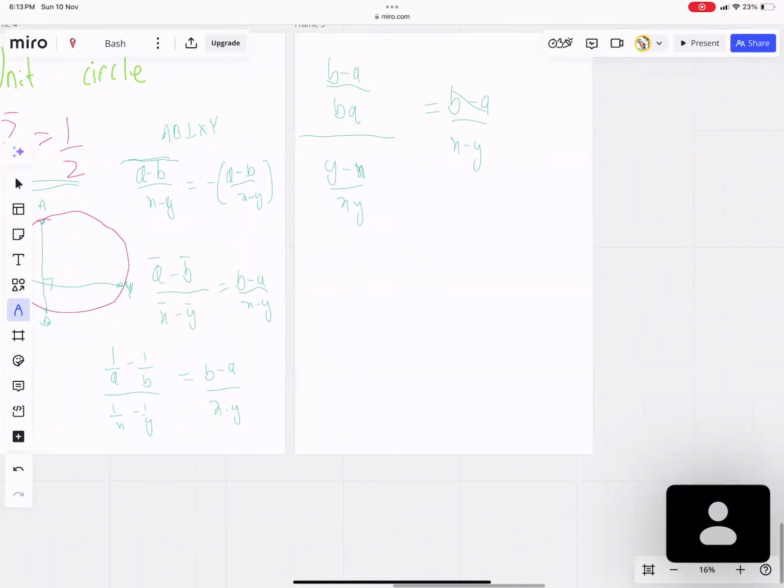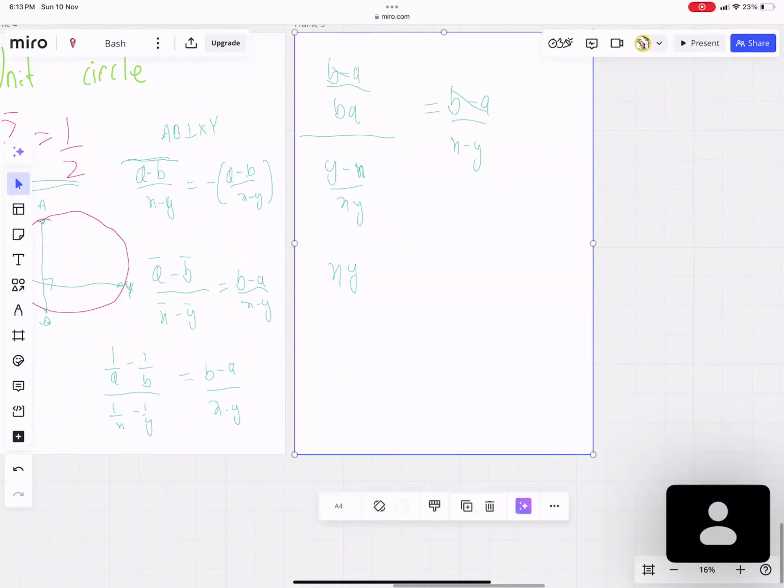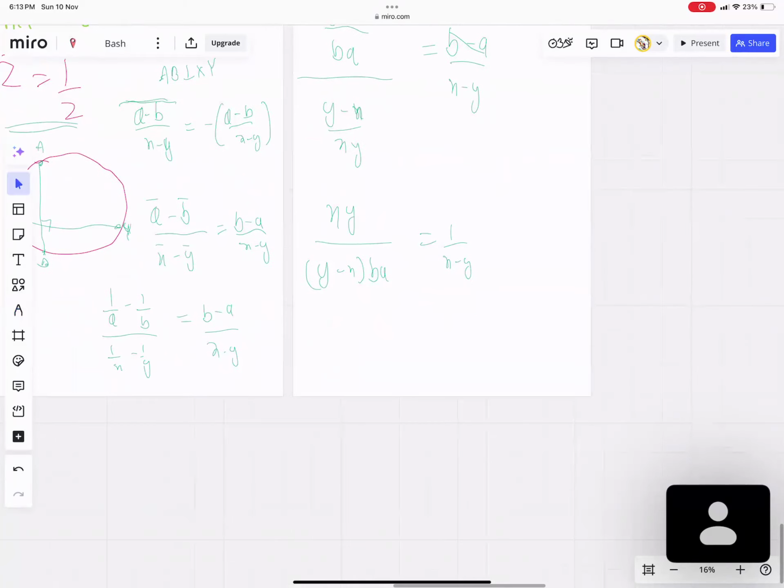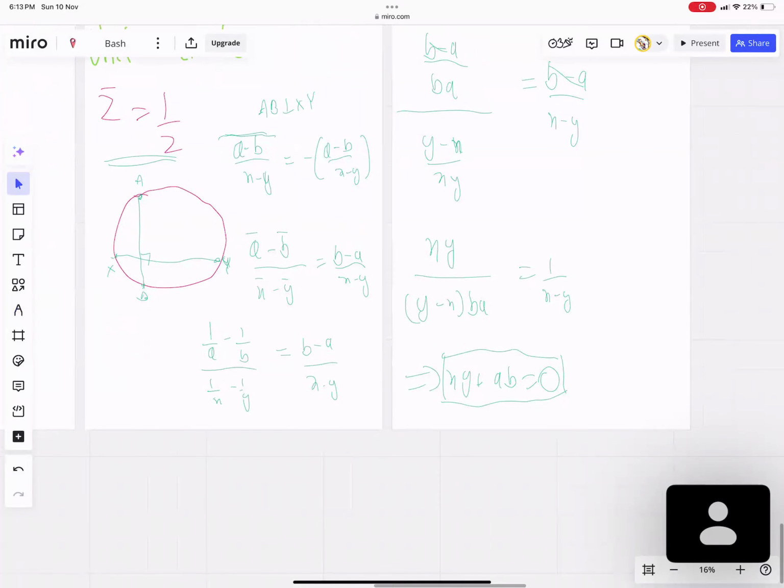Now, if we cancel the b minus a, we get that xy by y minus x times ba is equal to 1 by x minus y. Now, if we do some more algebraic manipulation from here, we get that xy plus ab is equal to 0. So this is what it means for two segments on the unit circle to be perpendicular.